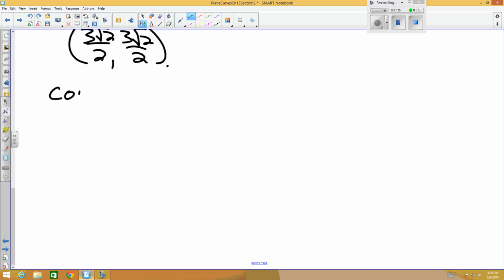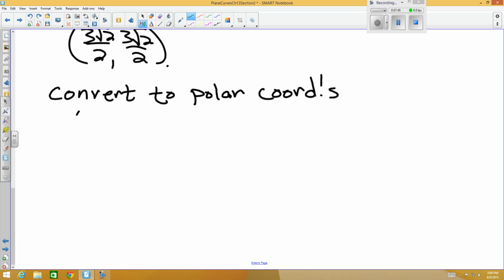So convert to polar coordinates, (1, square root of 3). Again, we need to find r and theta. r squared equals x squared plus y squared.